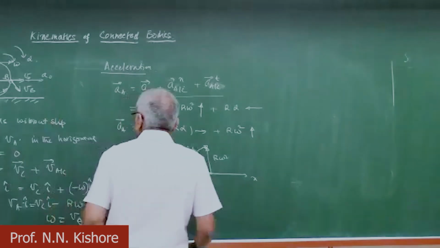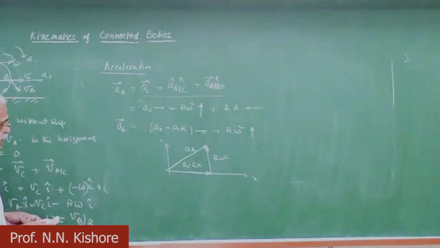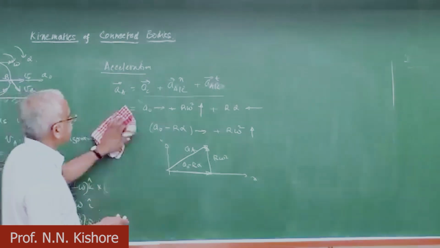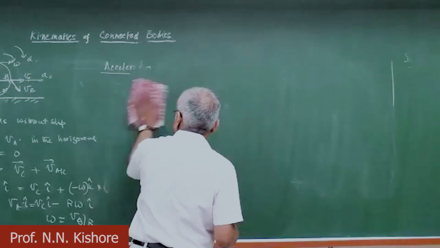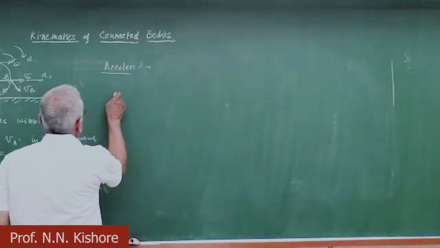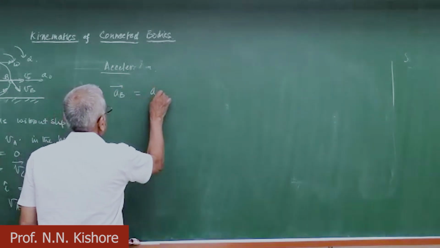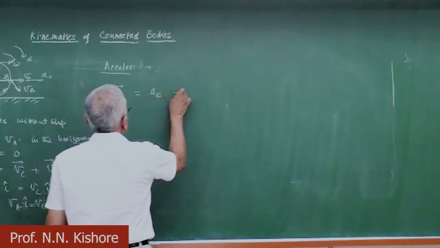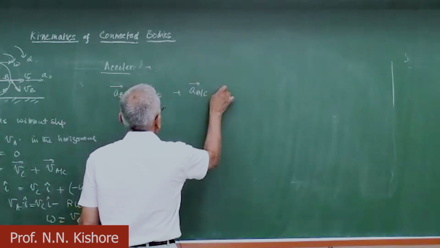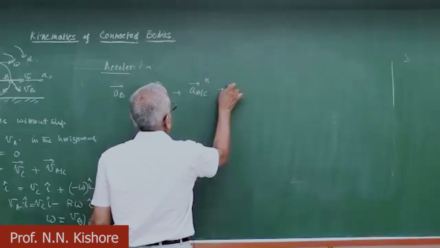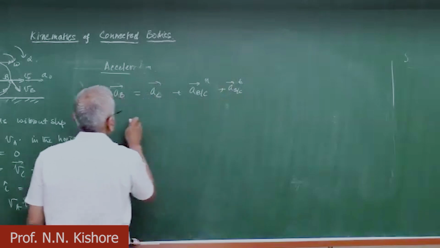Okay, so like this, we can find out the acceleration of B. If you want acceleration of B, for example, it's acceleration of C plus B with C normal and B with C tangential.